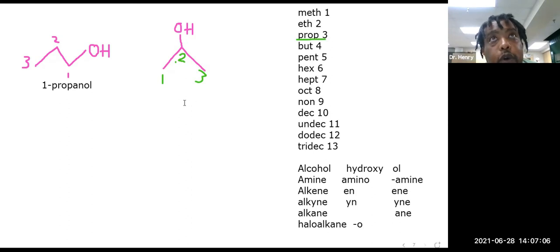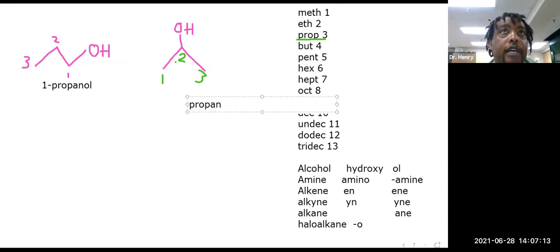Okay, so we'd use prop, right? Is it single bonds or double bonds? Single, so propan. And then we know that it has an OH, so we put OL. Now, where is that OH located? On the second carbon, so it'll be 2-propanol.